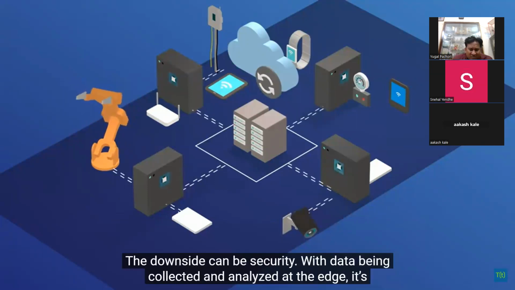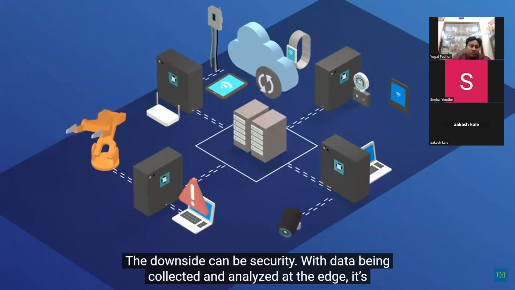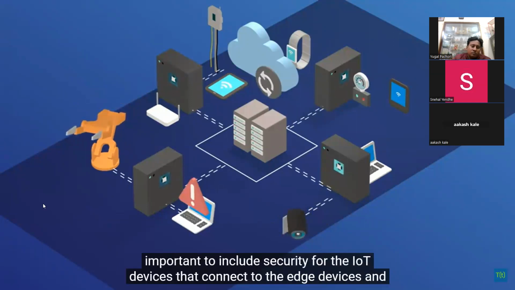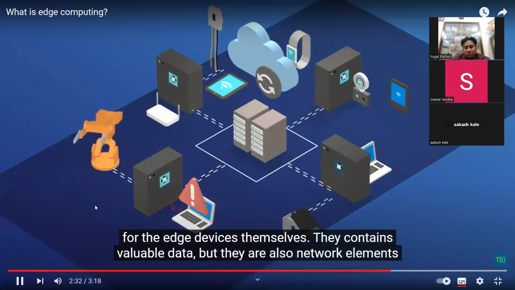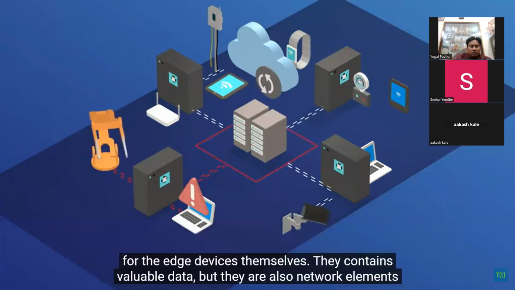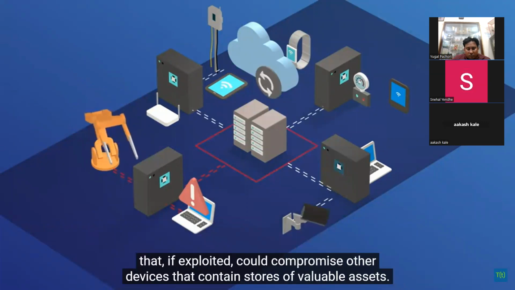The downside can be security. With data being collected and analyzed at the edge, it's important to include security for the IoT devices that connect to the edge devices and for the edge devices themselves. These devices contain valuable data, but there are also network elements that, if exploited, could compromise other devices that contain stores of valuable assets.